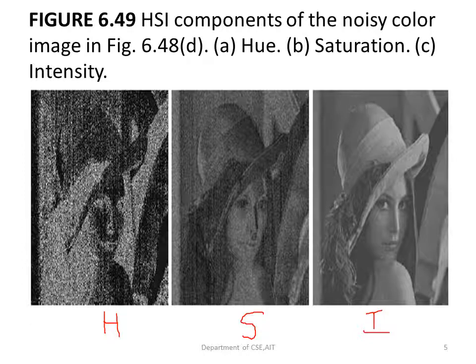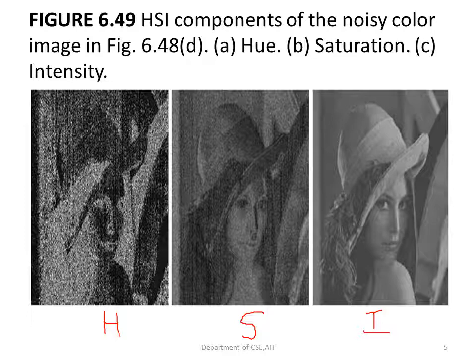In this figure, A, B and C show the result of converting the RGB image in the previous figure, figure 6.48D, to the HSI color model. Now we can compare the results with the HSI components of the original image in figure 6.39 and see how significantly the hue and the saturation components of the noisy image are degraded. Why are they degraded so much?